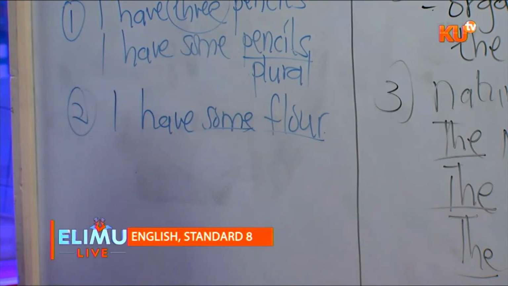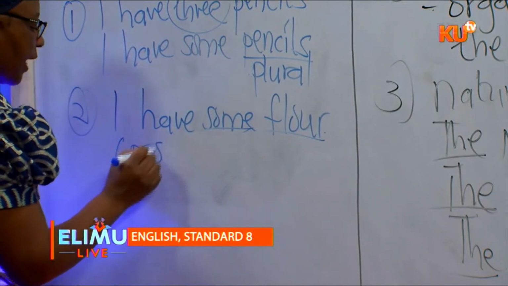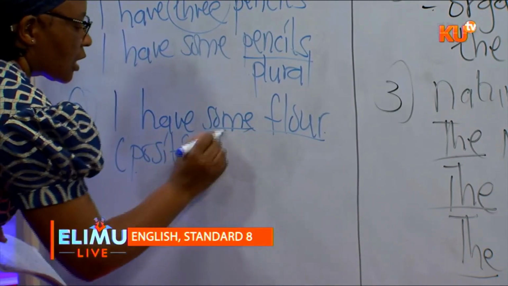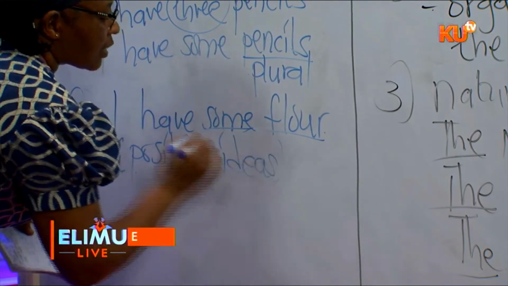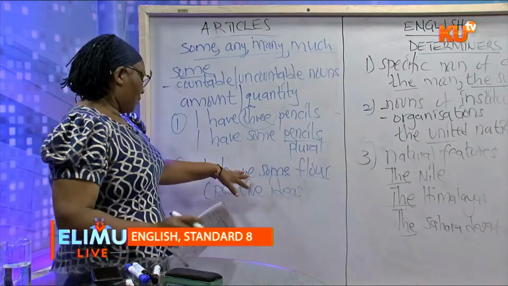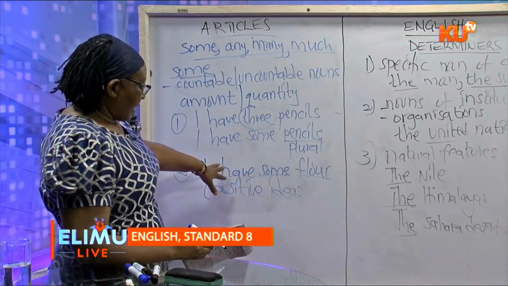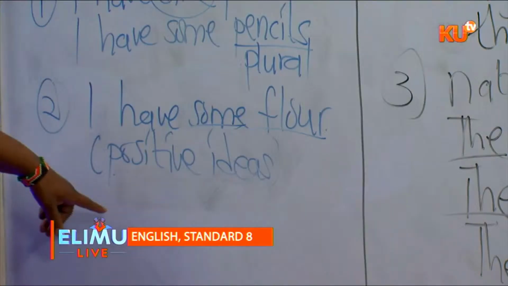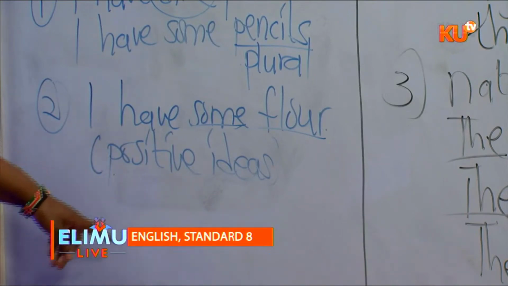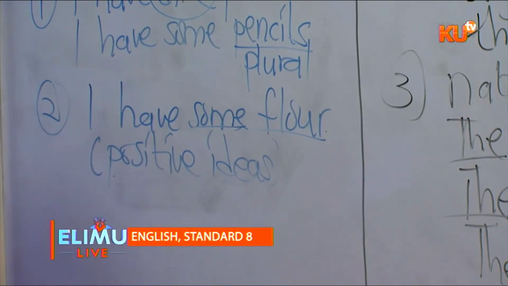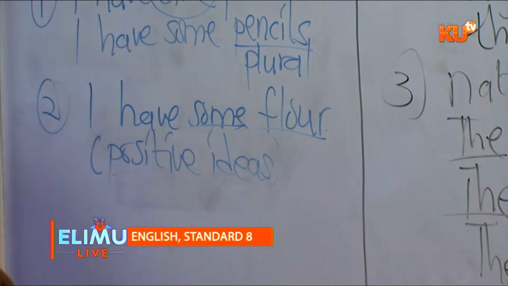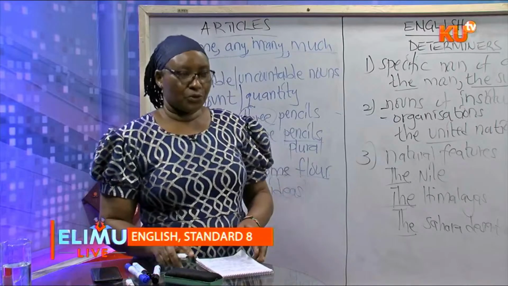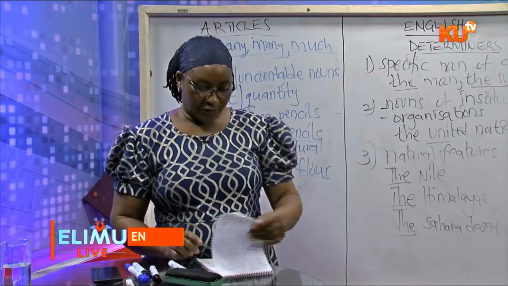It is also used with positive ideas. Here you have an amount of flour. If you don't have flour, you cannot say I have some flour. So it shows that it is positive. You have some amount of the item that you are referring to. That is the use of some.